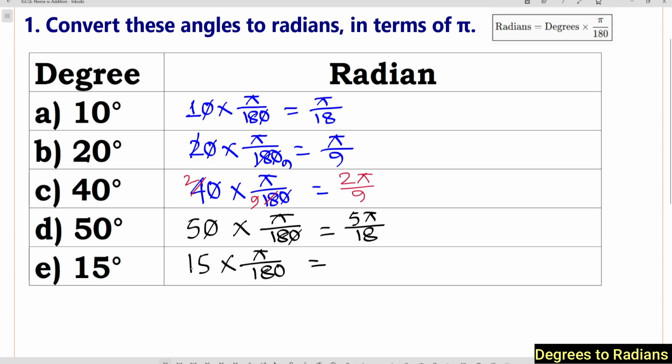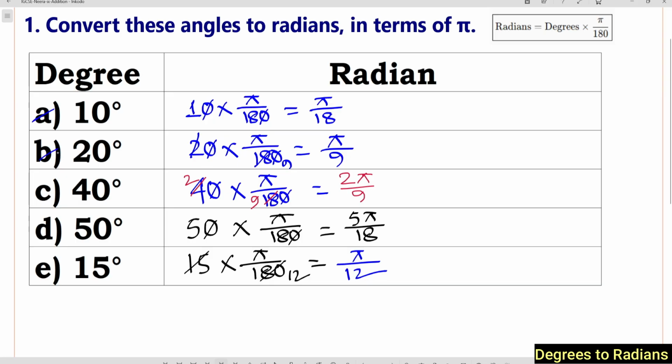We can divide 180 by 15, and you can use a calculator: 180 divided by 15 will be 12. So our final result is pi divided by 12.